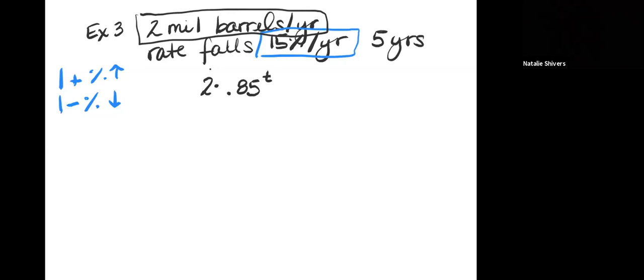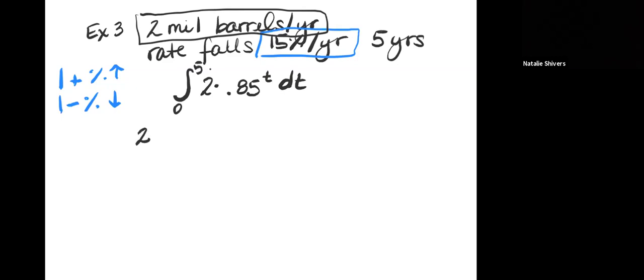So the initial value is going to scale my entire function. Okay, and I'm going to go from 5 is the end, but I need to start at year 0. So be careful, don't make it the year 1. We want year 0. And again, we're going to match the letter we're using, so we're going to put dt. So when we integrate this, the 2 again is a scalar.